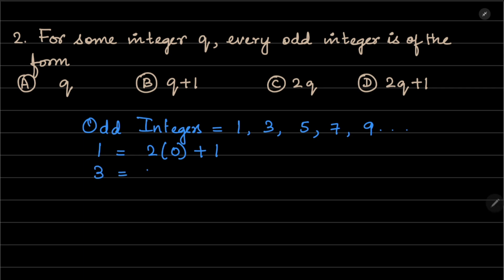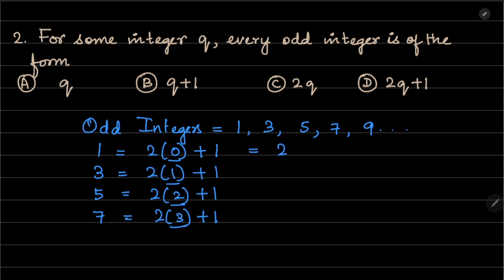3 I can write as 2 multiplied by 1, which is 2, plus 1, which is 3. 5 I can write as 2 into 2, 4, plus 1. Again, 7 I can write as 2 multiplied by 3 plus 1. So here also 0, 1, 2, 3 are all integers, and the integer is denoted by q. I can replace 0, 1, 2, 3 with the integer q.